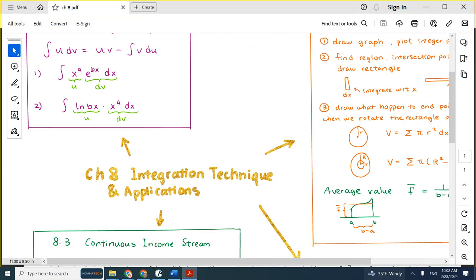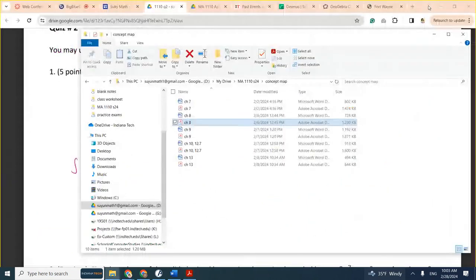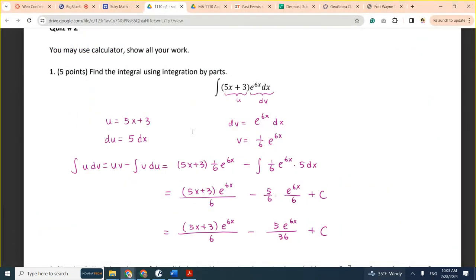The three basic rules, remember? Power function, exponential function, and 1 over x.